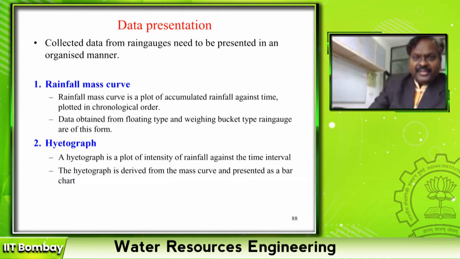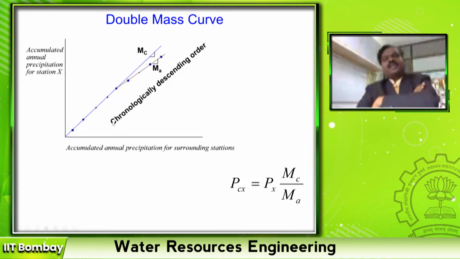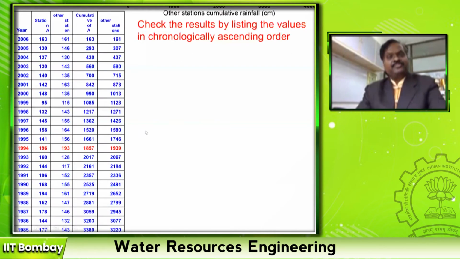So that is what we do in this curve. This is how we do the double mass curve method to check the consistency of the annual rainfall. I think this is a very wonderful method and we still use it.